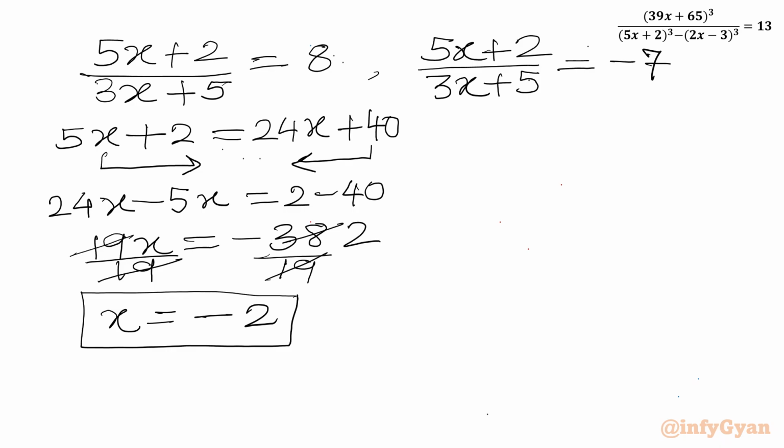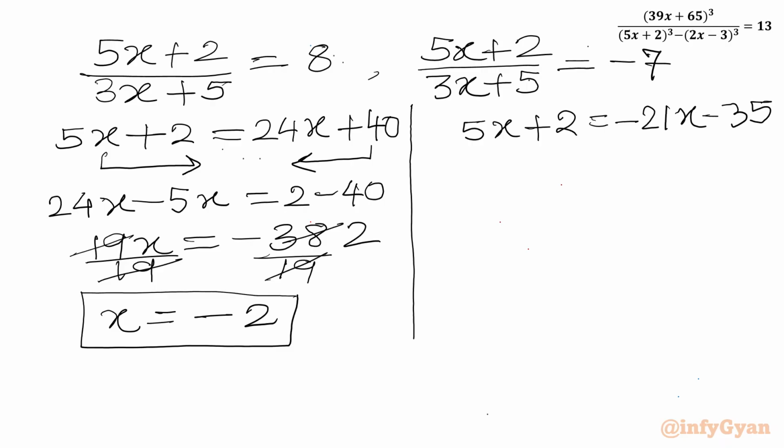Now we will consider our second equation. Again I will cross multiply and I can write 5x plus 2 equal to minus 7 times 3, so minus 21x, minus 7 times 5, so minus 35. Now I will take 5x to the RHS, minus 35 to the LHS. So I can write 35 plus 2. This will be equal to minus 21x minus 5x.